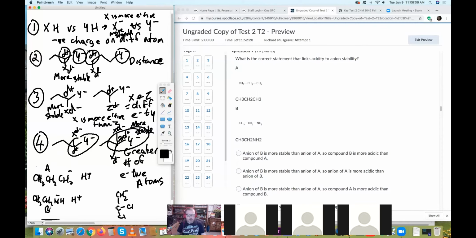Okay, so the question is, the anion, what's the correct thing here? Well, first of all, look at them and determine which one's going to be more acidic. Does anybody want to guess which one's more acidic, A or B? Based on what I've got here. Anybody want to guess?